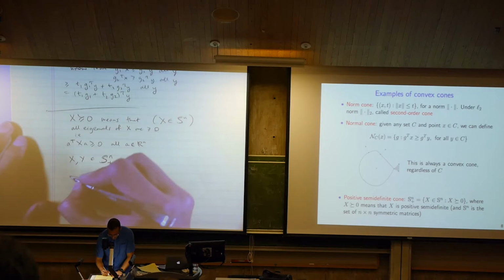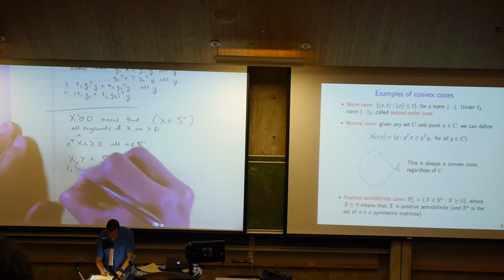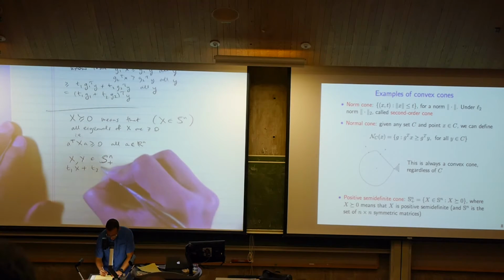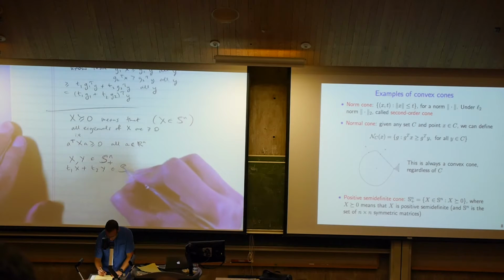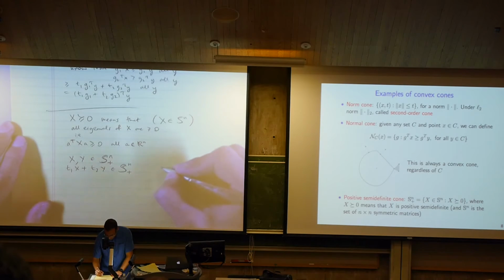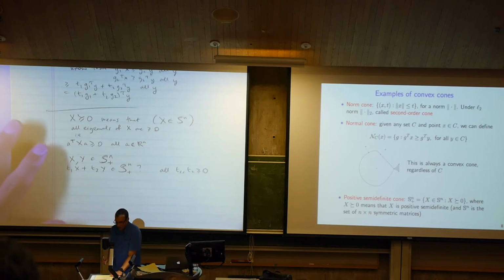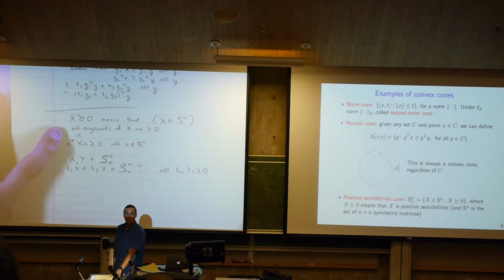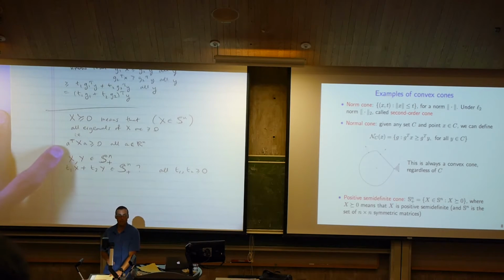Now I want to check that, let's say, t1 x plus t2 y is also positive semi-definite for all t1, t2 bigger than or equal to 0. This one may be a bit harder to check. It requires you to know a little bit more about eigenvalues and eigenvectors. But this one's easy to check, this condition.